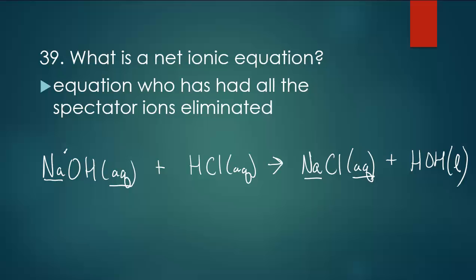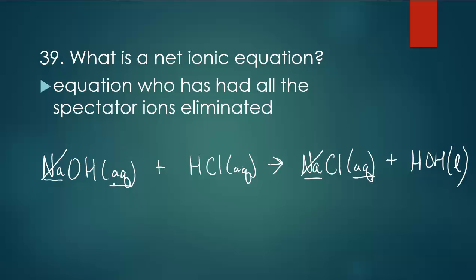It is a spectator ion. Delete it. Didn't do anything. We are the ions that don't do anything. We just stay home and lie around. And if you ask us to do anything, we'll just tell you, we don't do anything. Spectator ions.